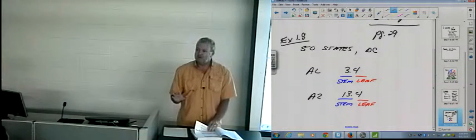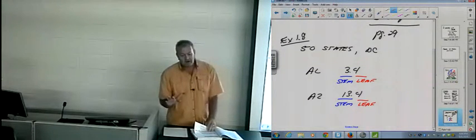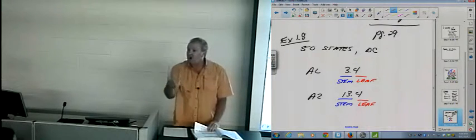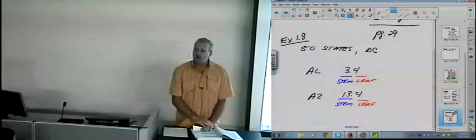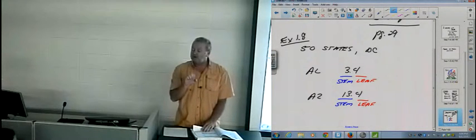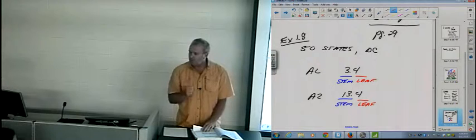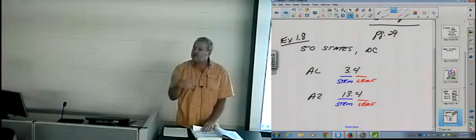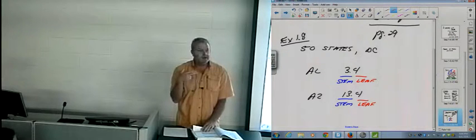It's all right, I'm from West Virginia. West Virginia has 1.3. 1 would be the smallest stem because that's the smallest value. California has the largest, 27.1 of its population being foreign-born. So the smallest stem you see is 1, and the largest stem you will see is 27.